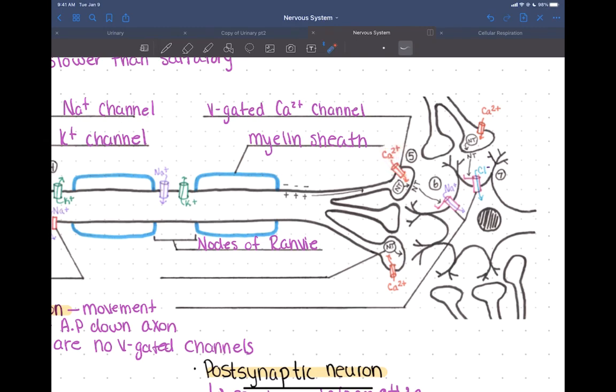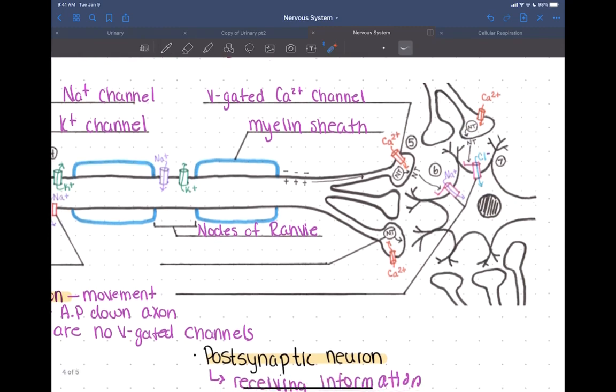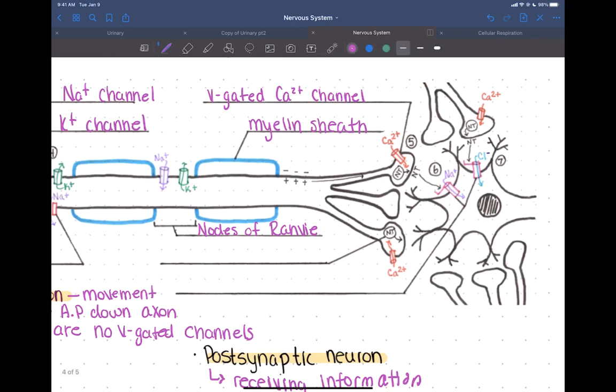And calcium is going to rush into that axon terminal. Remember, calcium rushing into the axon terminal affects our vesicles containing neurotransmitter. So this is a vesicle of neurotransmitter. That calcium moving in causes that vesicle to be exocytosed.